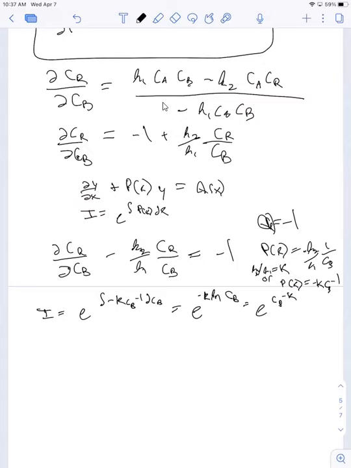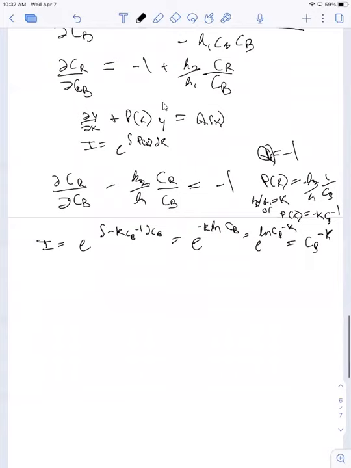All right, so now we need to multiply our equation by this integrating factor. Oh, sorry, this is e raised to the ln, so that equals CB to the -K. All right, so then we can multiply our equation by this.